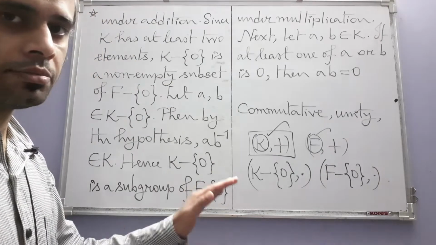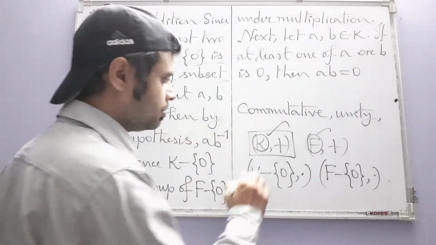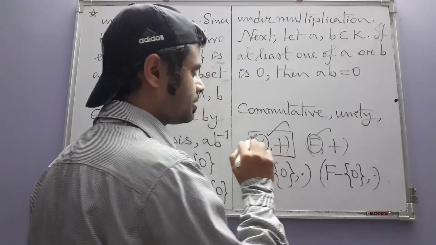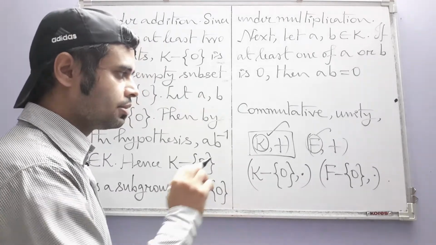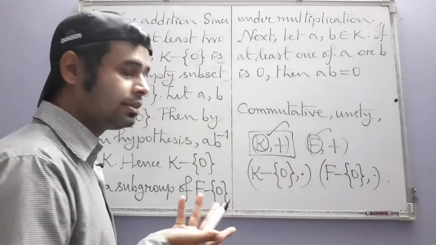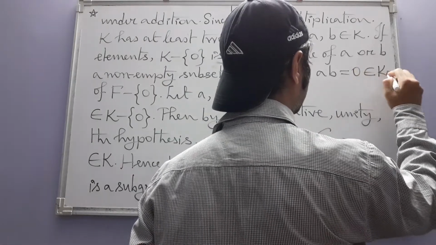So from elementary properties of rings, you are having this. However, you have already shown that K is a group under addition. So the additive identity, that means the 0 element in F, is already there in K. So that's why this belongs to K.